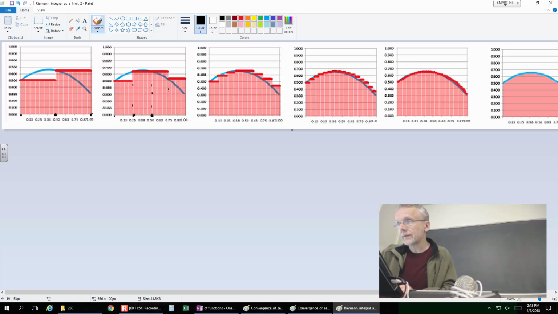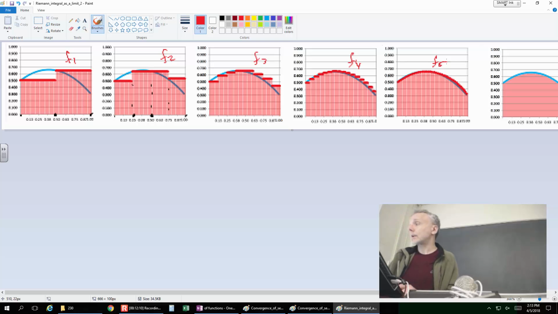The red one also gives me a function, a sequence of functions. If I do it in red, this would be say f1, f2, f3, f4, f5.